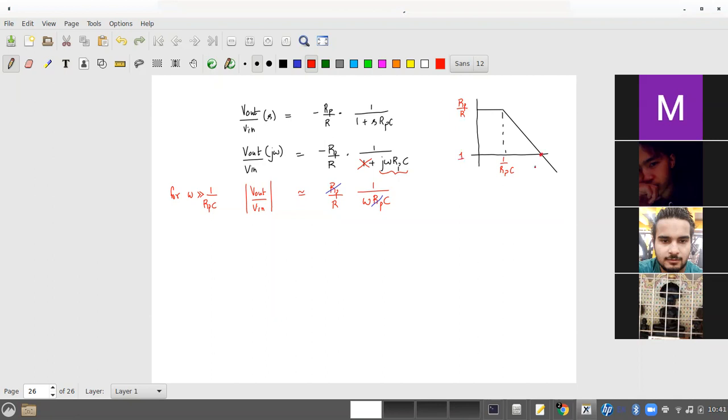This frequency, let me call that omega u. It's called the unity gain frequency. At omega equal to omega u, by definition, the modulus of Vout by the modulus of Vn is equal to 1.